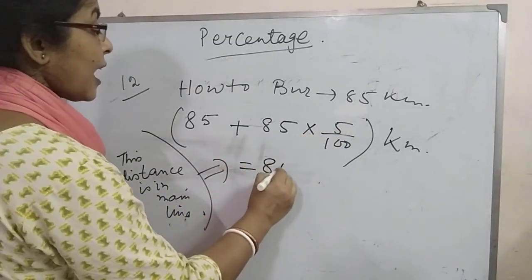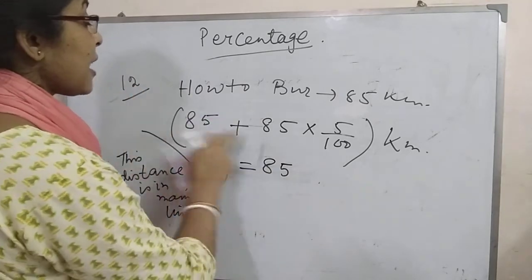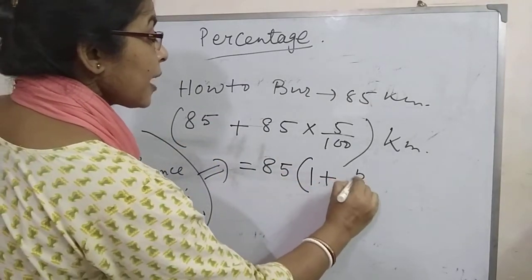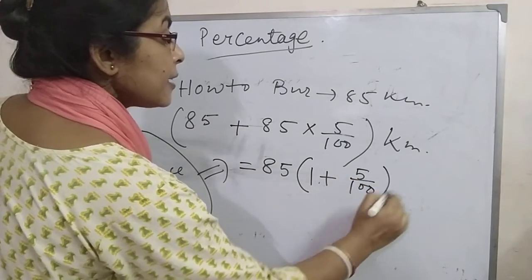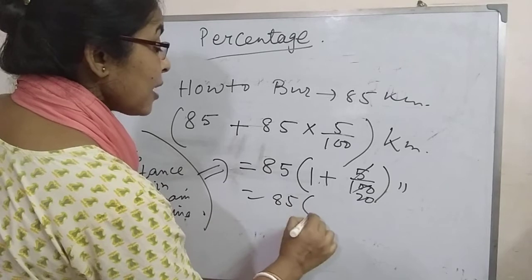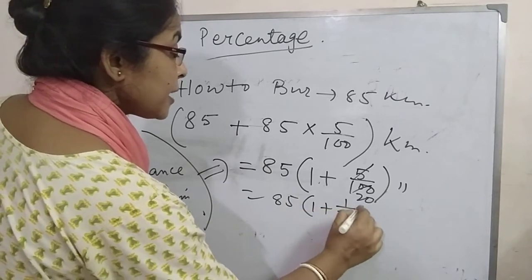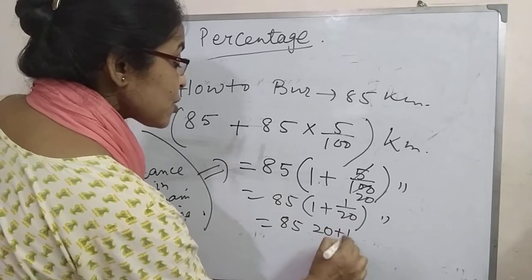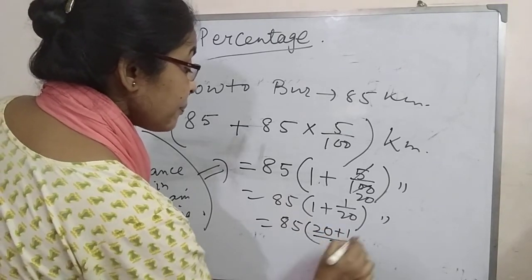So I can write it this way: 85 is common from here and I can write it 1 plus 5 by 100 kilometer. This is equal to 5 by 20. This is 85 into 1 plus 1 by 20. This is 85 into 20 plus 1 by 20.